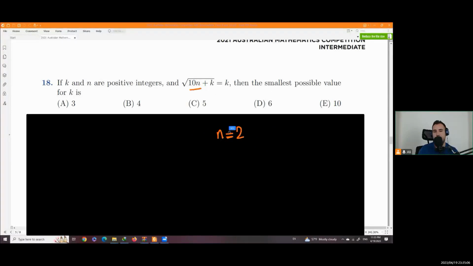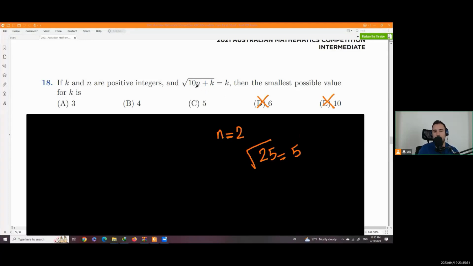If n is 2, this thing will have to be 20, and we know that 25 is a square. So if k is 5, the square root of 25 will make 5 again. So k could be 5, so these two are out. 6 is out, 10 is out.